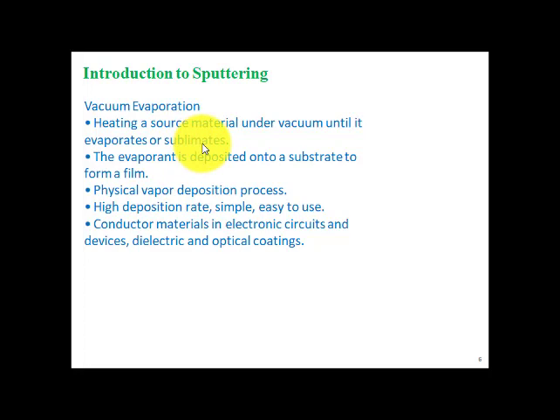The vapors coming from the evaporation of the source material are deposited onto a substrate to form a thin film. So this vacuum evaporation is a physical vapor deposition process. This process gives a high deposition rate. It is a very simple process. It is easy to use. Usually conductor materials in electronic circuits and devices, some dielectric and optical coatings are carried out by using the physical evaporation method.